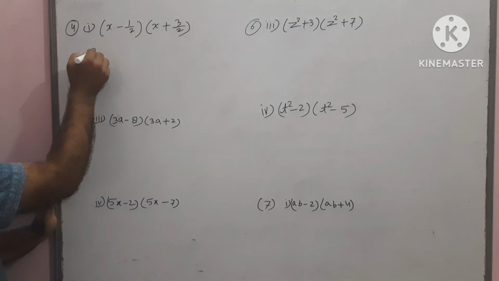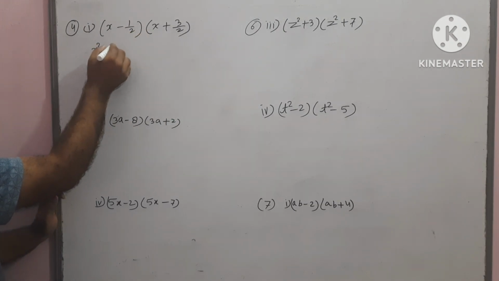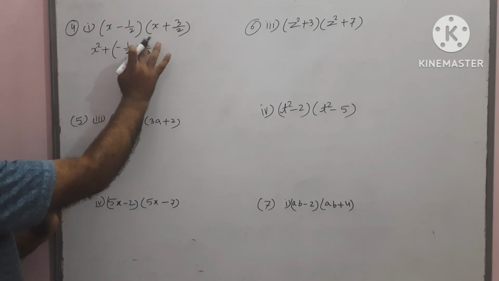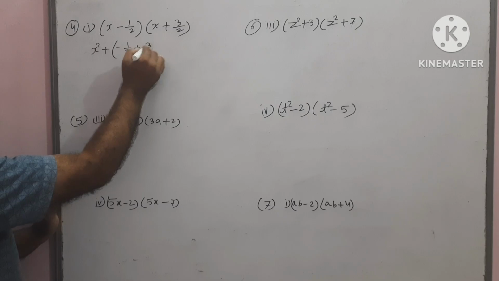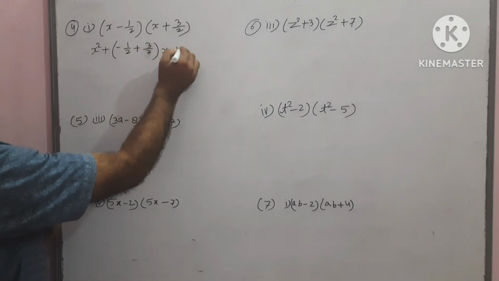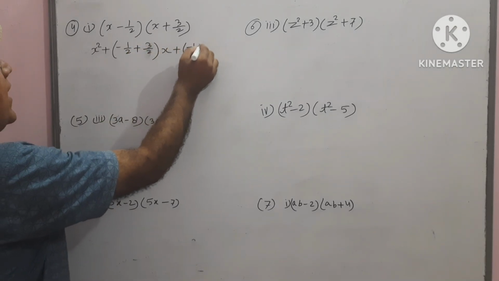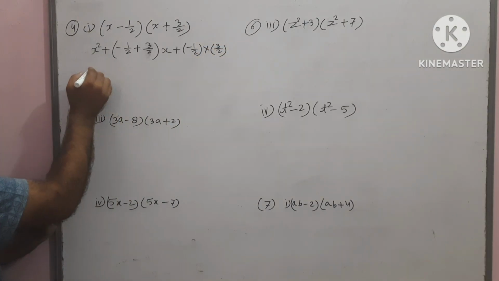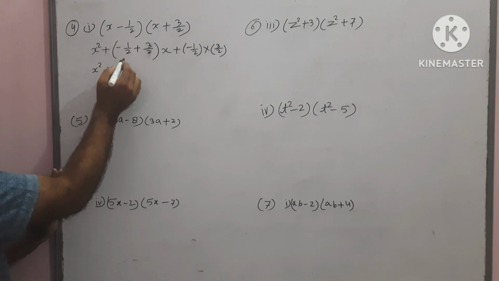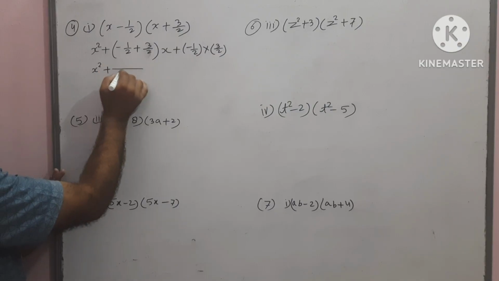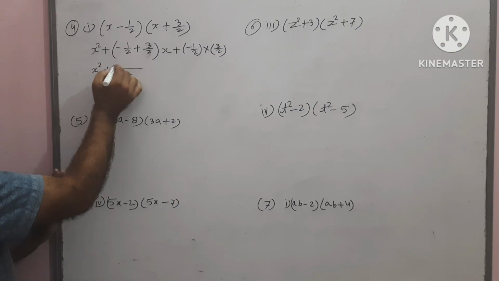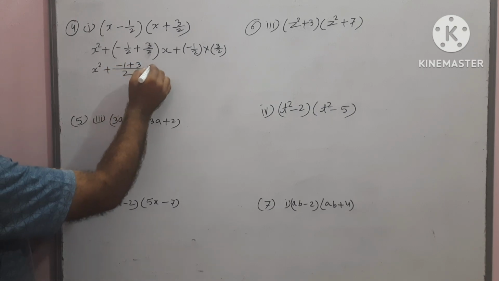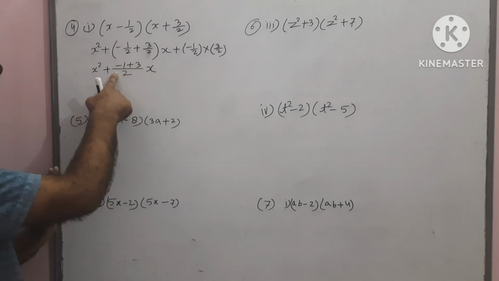So what is the identity? x square plus minus 1 by 2 into 3 by 2 into x plus minus 1 by 2 into 3 by 2. Now simplify this. x square plus, to solve this 2 will be taken as LCM, then numerator will become minus 1 plus 3. I hope you have understood it now.